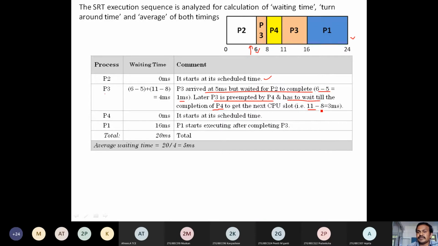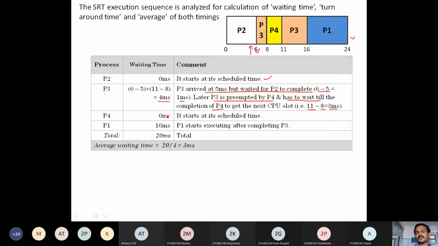What is the total duration? It is nothing but the execution time of P4, which is 3 milliseconds. Or you can use the time slots: 11 minus 8 is 3 milliseconds. So what is the overall waiting time for P3? It is 4 milliseconds.